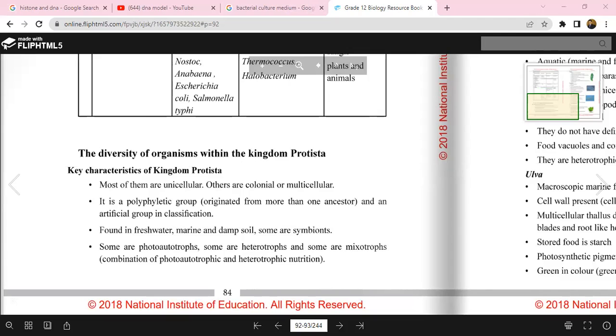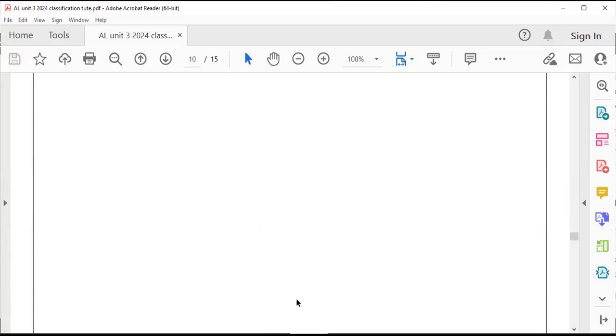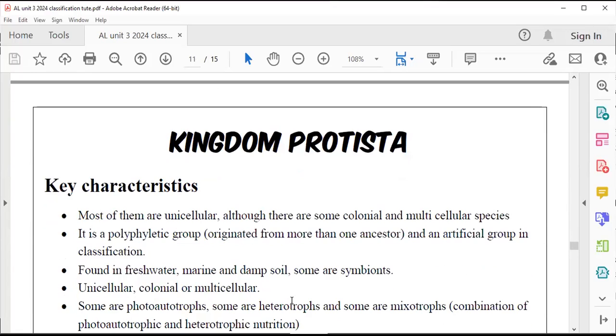I was shouting about kingdom Protista from the beginning of the lesson. What I was telling you is, when you complete kingdom Protista, my children, you are ready for the first term.